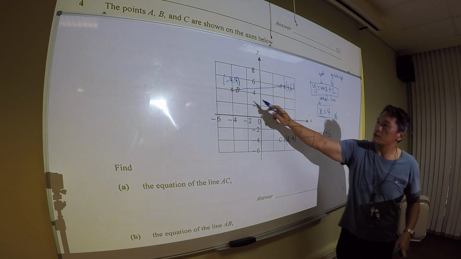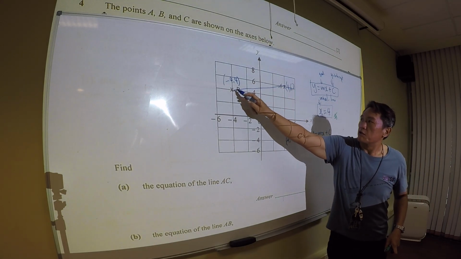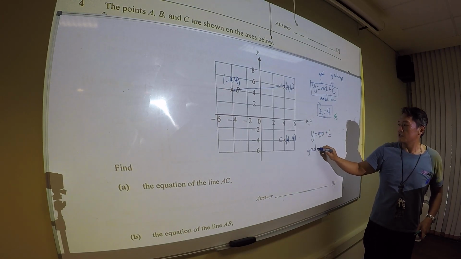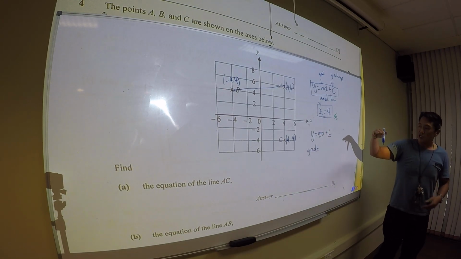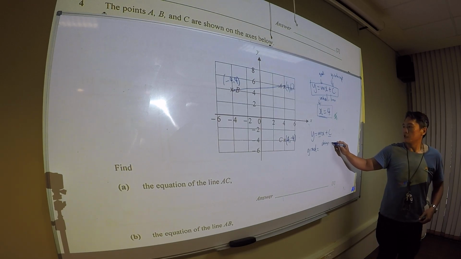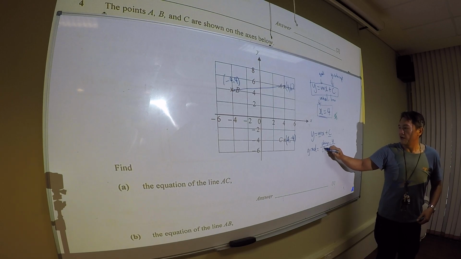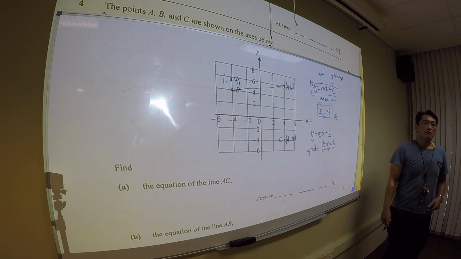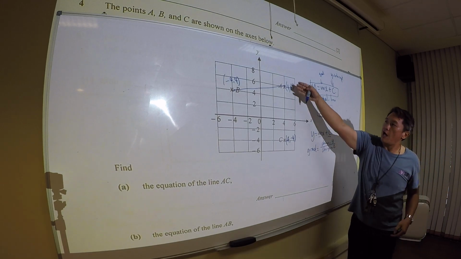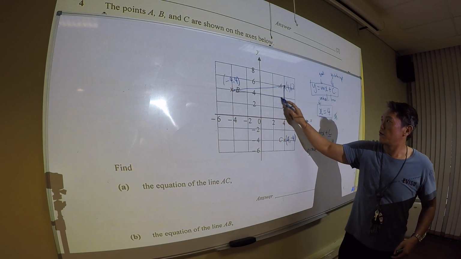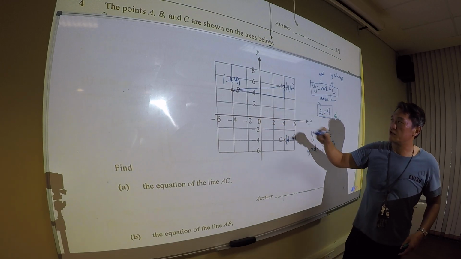We have 2 points, so our job is to find this gradient. Gradient is equal to change in height, or change in y, divided by change in x. How high did it travel divided by how horizontally did it travel?